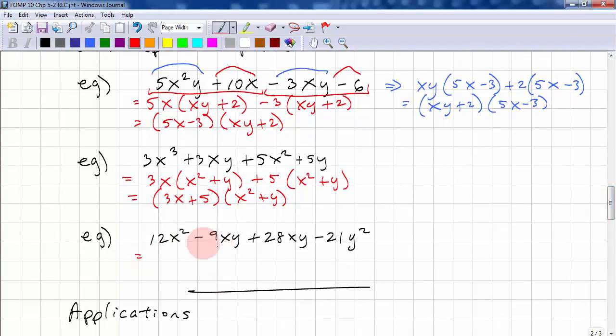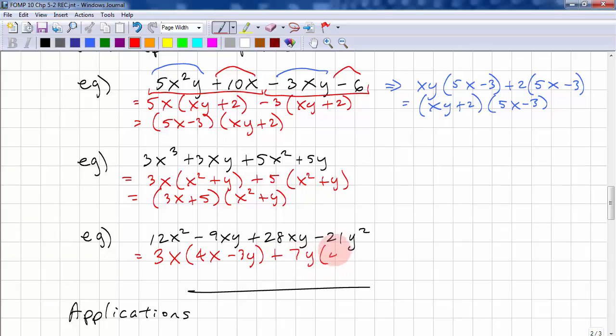What can we pull out of here? Common factor is 3 and x. So that leaves us with 4x minus 3y. And what's common here is a 7 and a y. There's no x's common. So we divide 28xy by 7y.